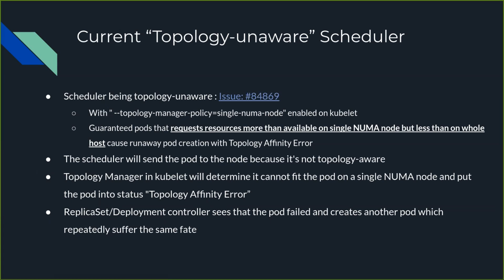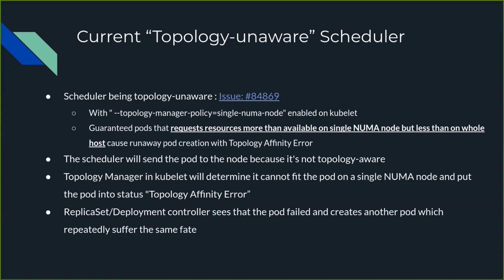But the main problem is that in case you're running topology manager with a single NUMA node policy, guaranteed pods, if they request resources of more than a single NUMA node but less than a whole node, cause runaway pod creation. The reason is that the scheduler has a different view of resources. In my next slide, I'm going to explain this with the help of a diagram.